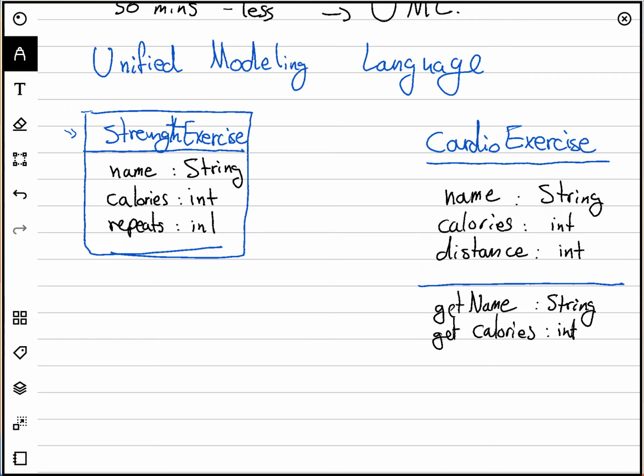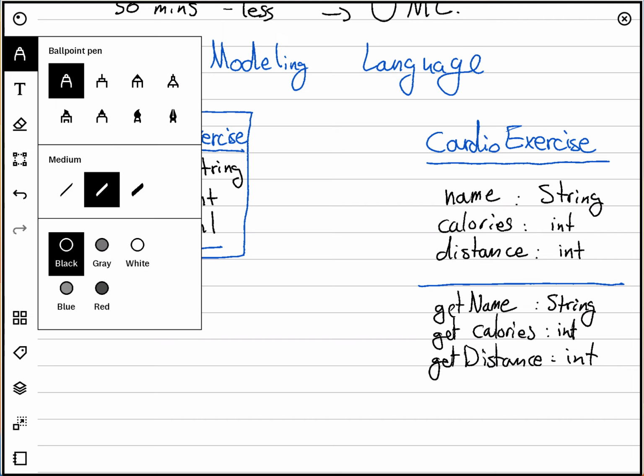And then I guess we had get distance. Does that make sense? Yes, it does. Perfect. Similar thing for the strength exercise. We can have all our getters in this UML diagram. Does that make sense? Okay, yes, it does. Excellent.